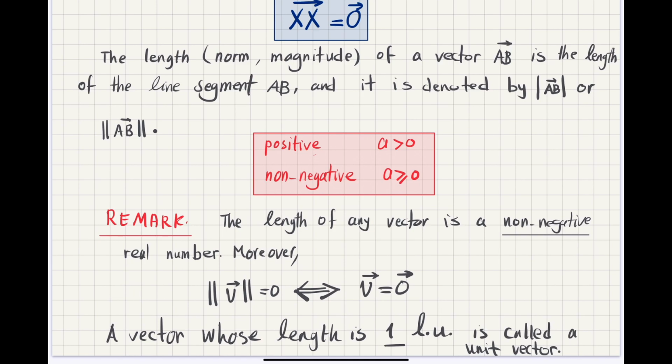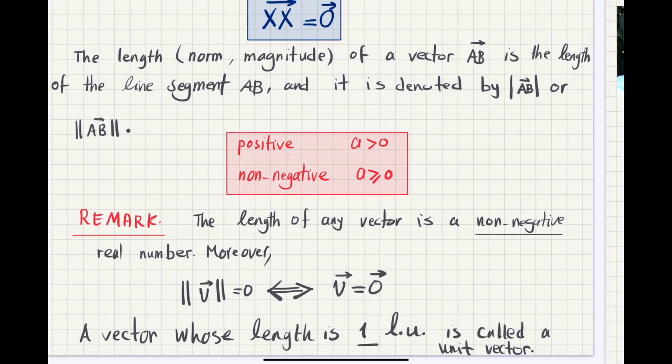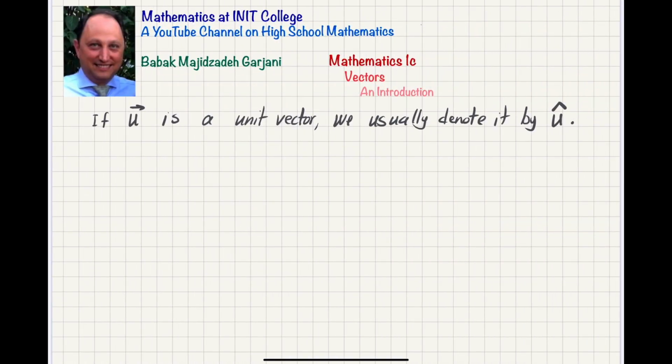Is that clear? Okay, so before doing that, if you want to construct an algebra, what is your starting point? So you know there is a quantity called vectors. How many vectors are there? Infinitely many. So we want to start making an algebra for them. What is the starting point first?